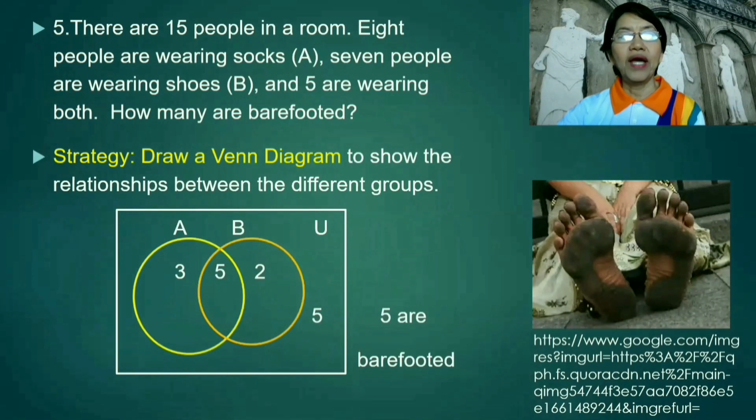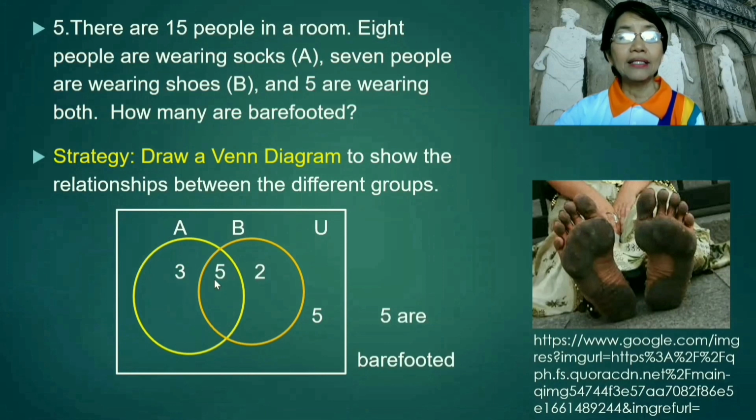So we have here the 5 people who are wearing both. It will be represented by the intersection of the two sets. And then since 8 people are wearing socks, we represent that with the 3 people, which is the difference between 8 and 5.